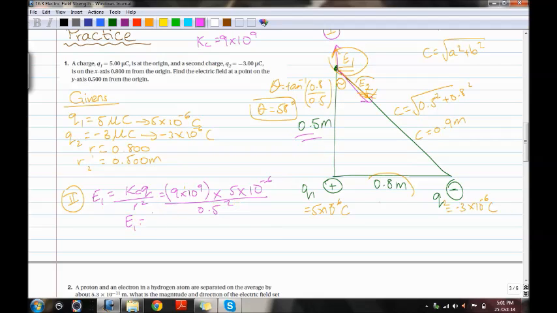So E1 will be 1.8 times 10 to the power of 5 Newton per coulomb.